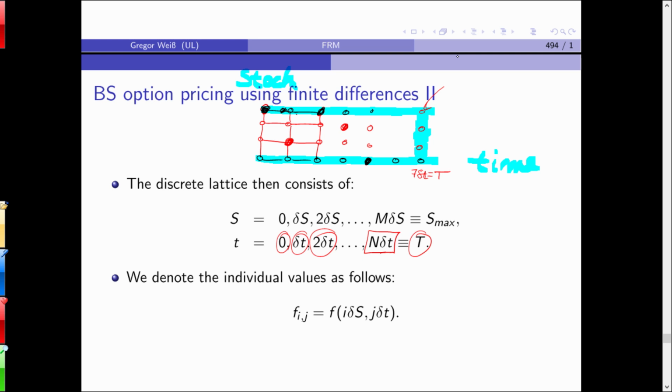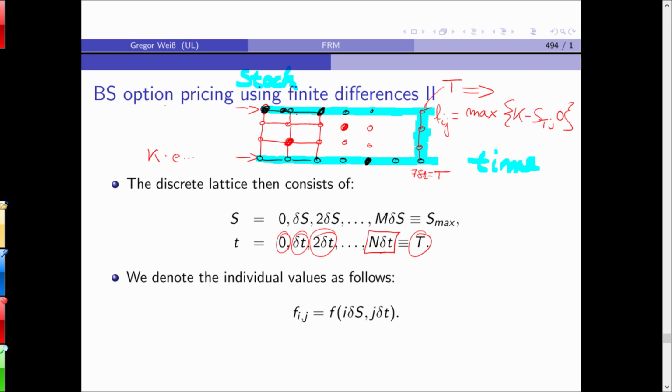This here is known because this here is at point t, and at point t we know the payout profile. It's the maximum. F_ij, that's the option price. It has to equal the maximum of k minus S_T or 0. Here in this lowest line, we know that this is actually k times e to the power of minus r times the remaining time, and so on.